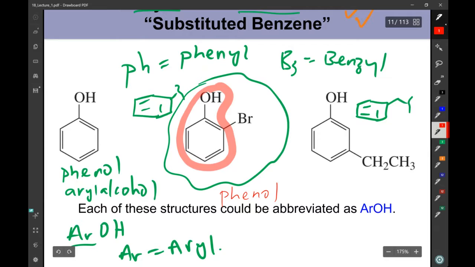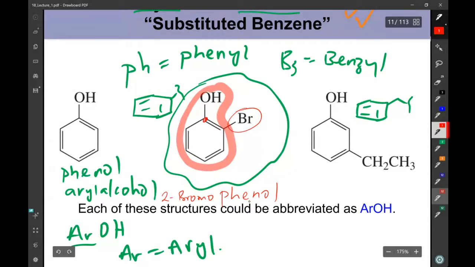So we need to now name the bromine with respect to the phenol. This carbon where the OH is connected is the highest priority. It's always carbon number 1. That's why it's called phenol. And so bromine is carbon number 2. So this will be called 2-bromophenol. That's how that molecule will be named.